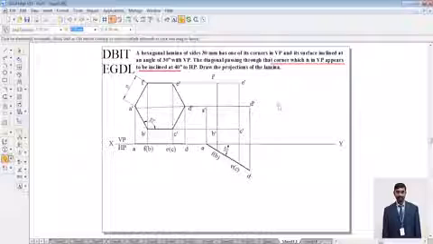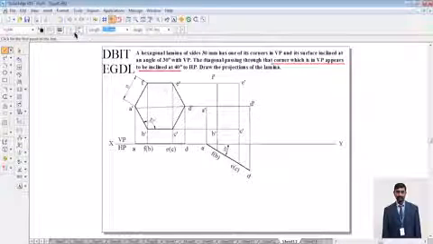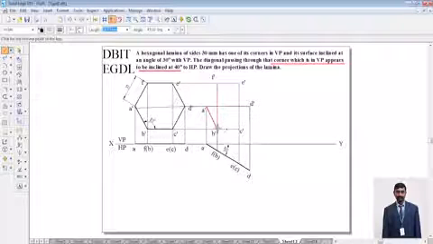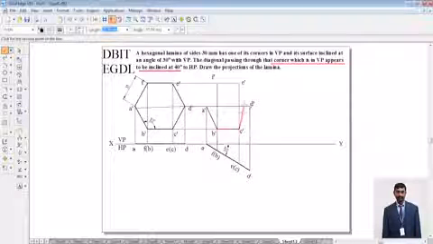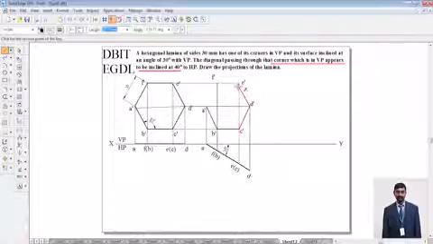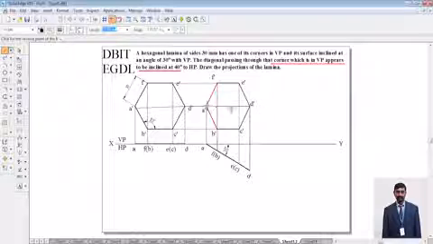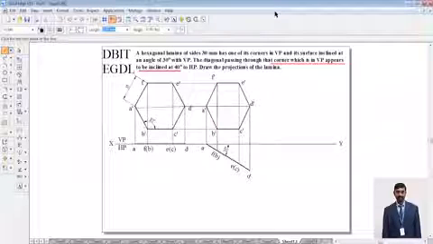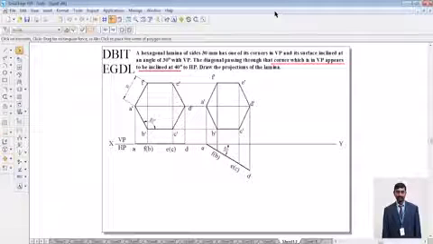So these are the corners in the second position. We are going to join these corners: A dash, B dash, C dash, D dash, E dash, F dash, and A dash. So this is the hexagon in the second position.